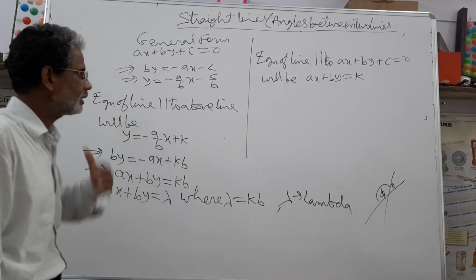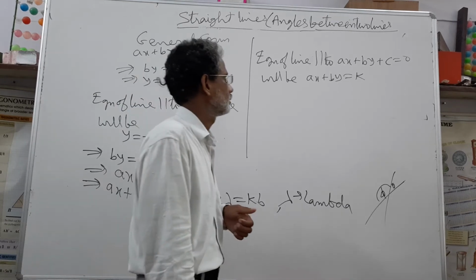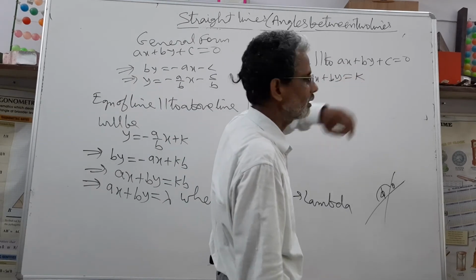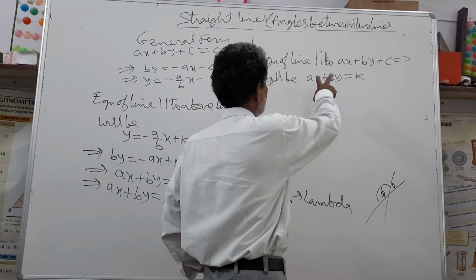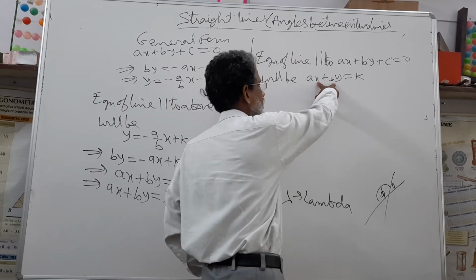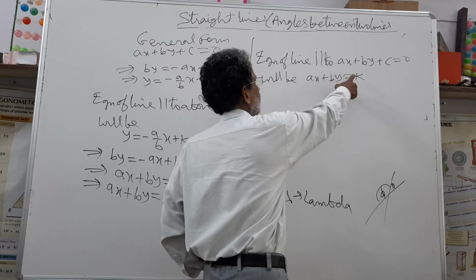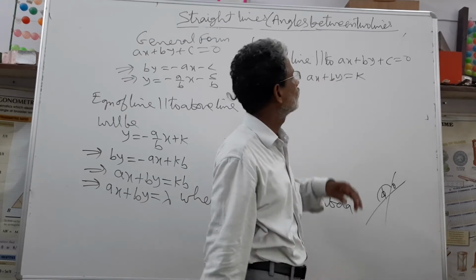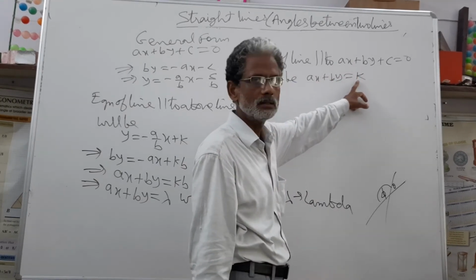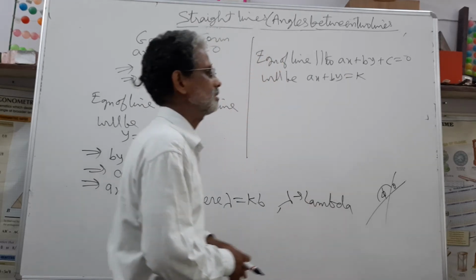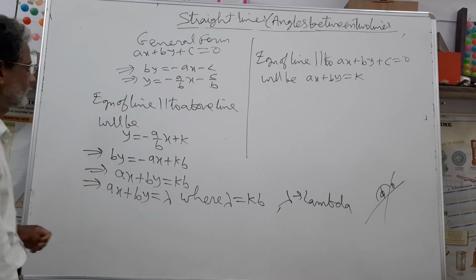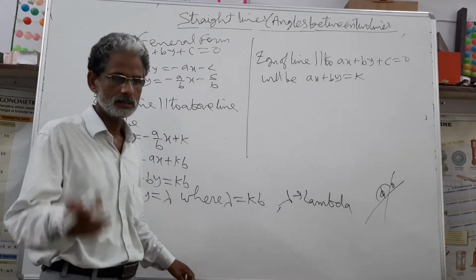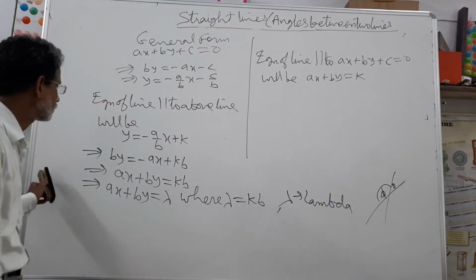From another given condition, we will find the value of k. Suppose a passing point is also given, then we put the values of x, y equal to the passing point and obtain the value of k. Put that value of k here, and you will get the equation of the parallel line passing through the given point. A numerical example will be taken in the next class.